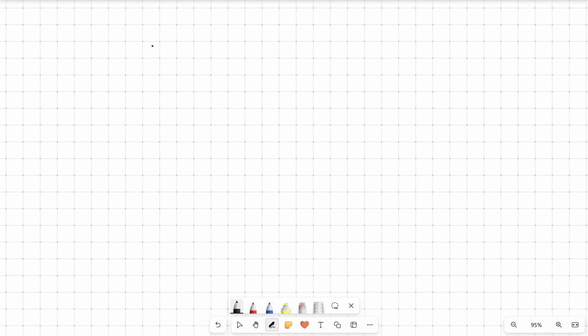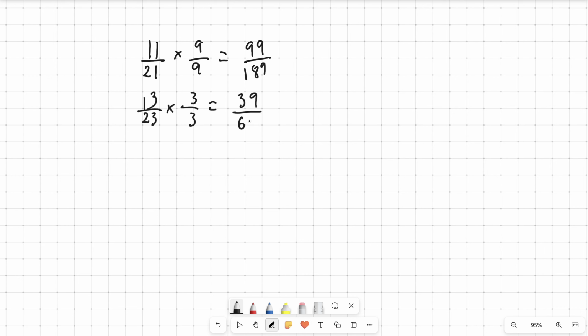Let's say your number is ending with 1. 11 by 21: multiply both numerator and denominator by 9, and you get your auxiliary fraction. If it is ending with 3, as I just taught you, multiply both by 3, and you get the denominator ending with 9.